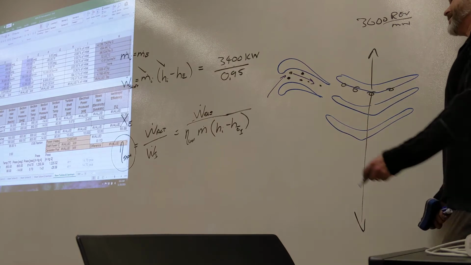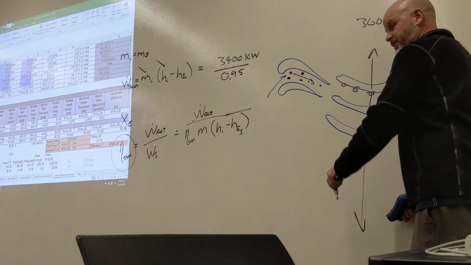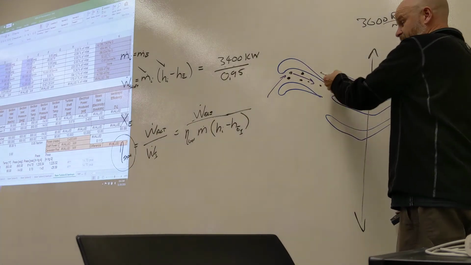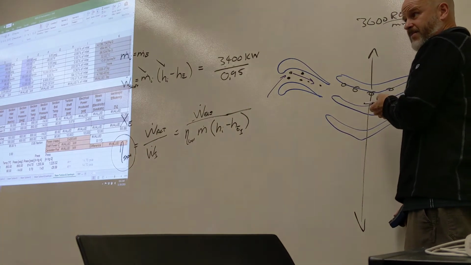So there's pretty good velocity with these blades moving, and there's still significant velocity of the steam.